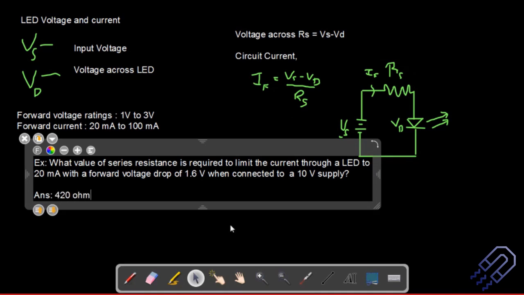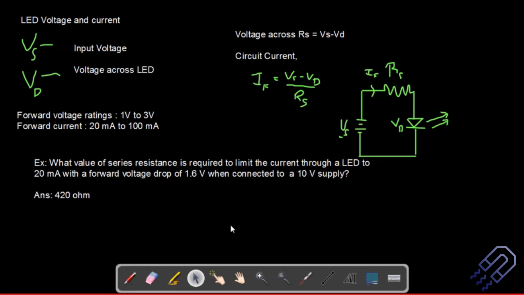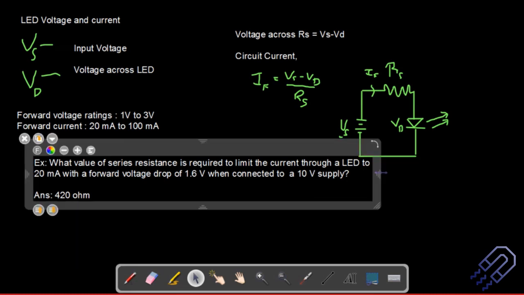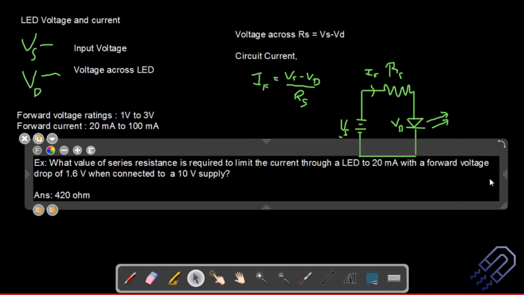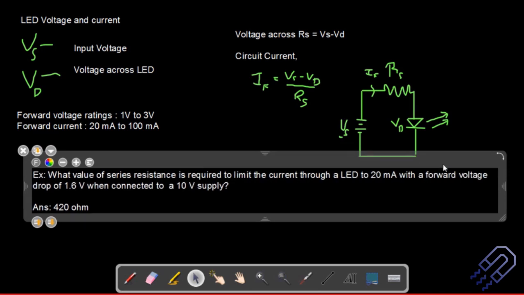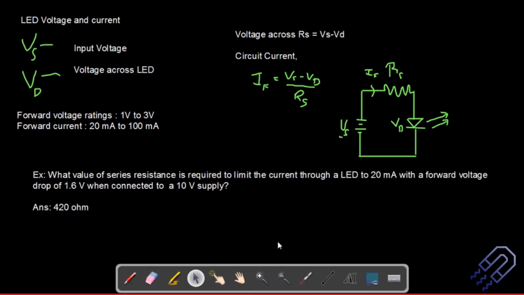So why exactly did I write this problem when I am discussing this value? Because you're considering current and voltage in the range of milliamperes and volts, 1 volt or 2 volts, but the resistance that you connect is 420 ohms.